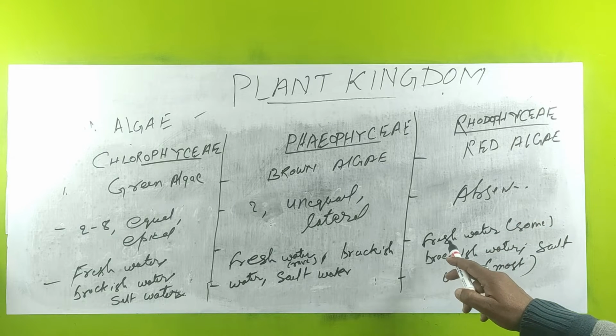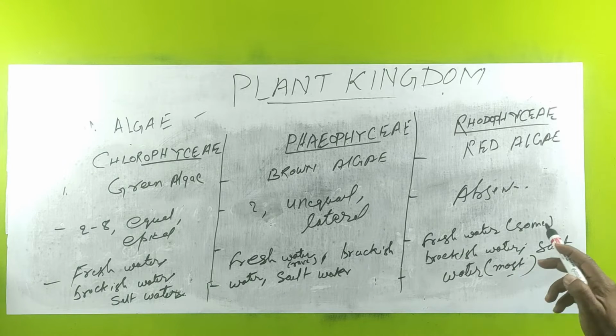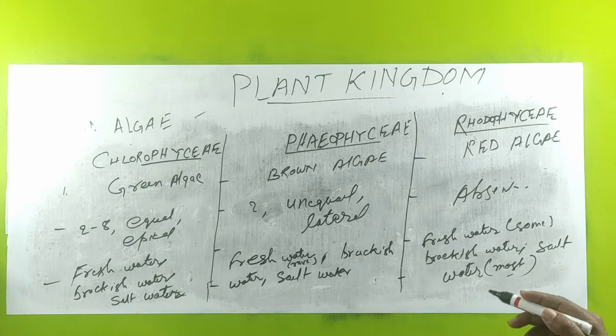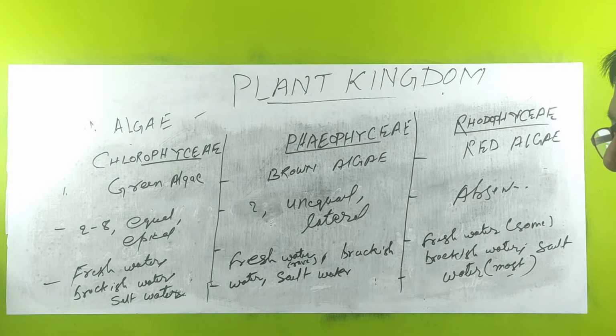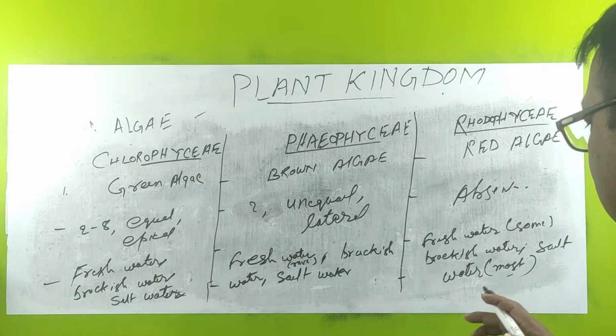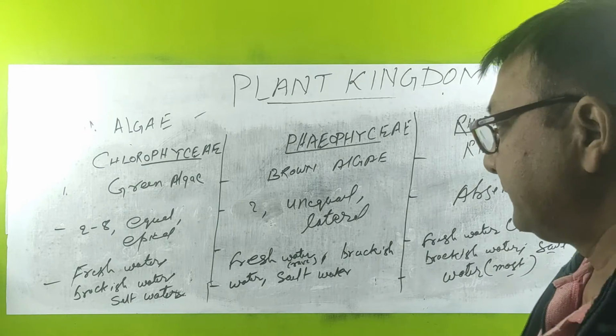Red algae are found in fresh water, brackish water and salt water, and they love salt water. So when a bulk of red algae is present in the oceans, we find red colored water. That is mostly due to red algae, which like to live in salt water.